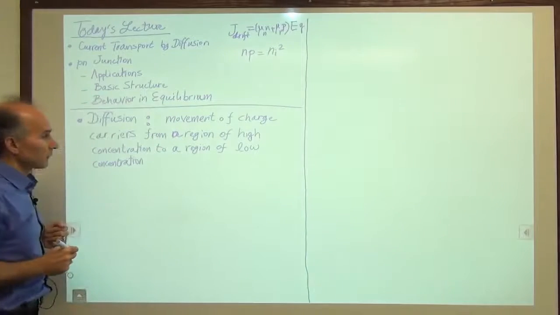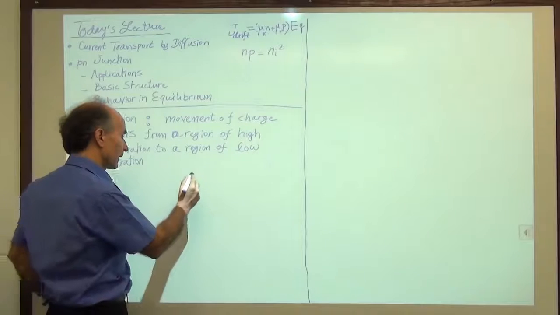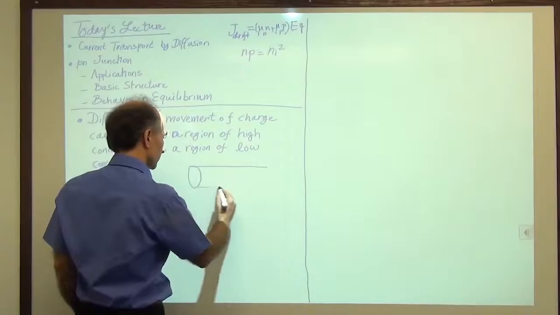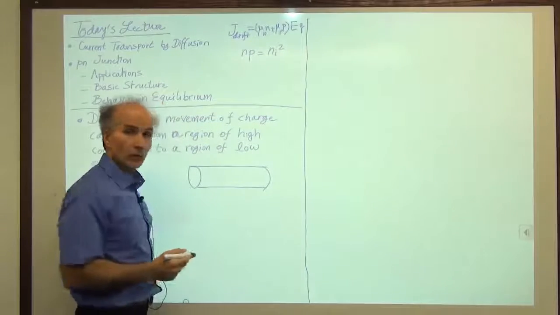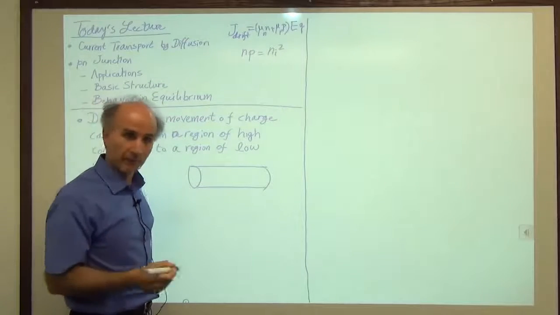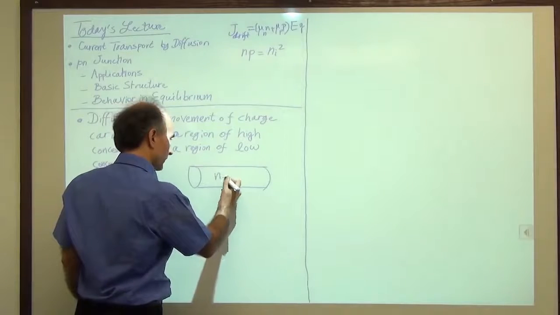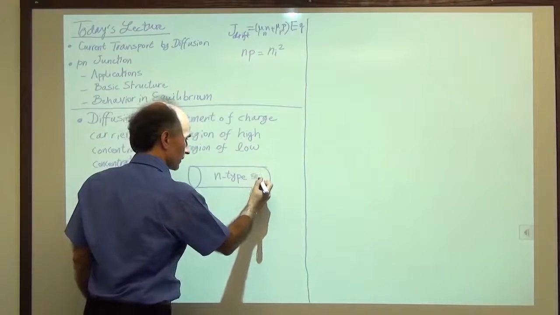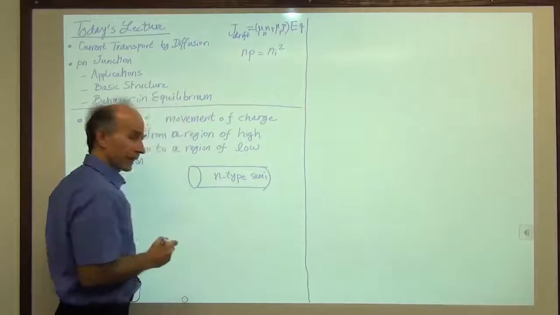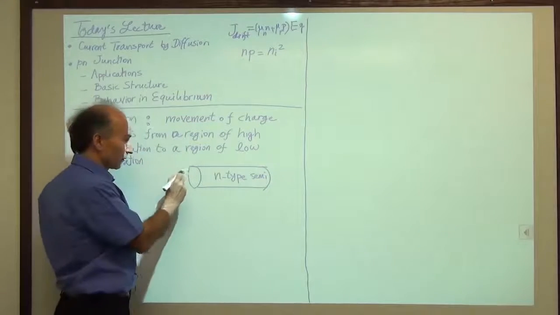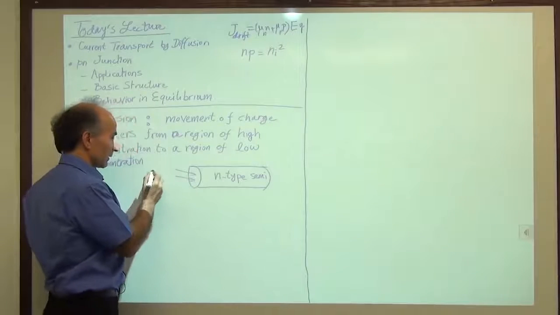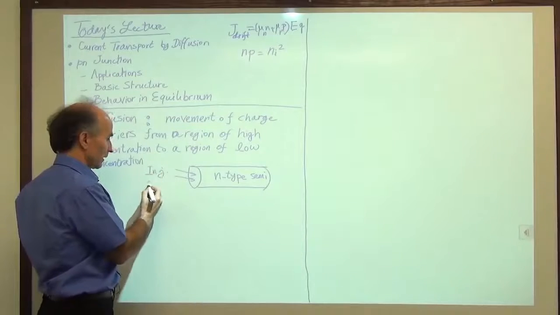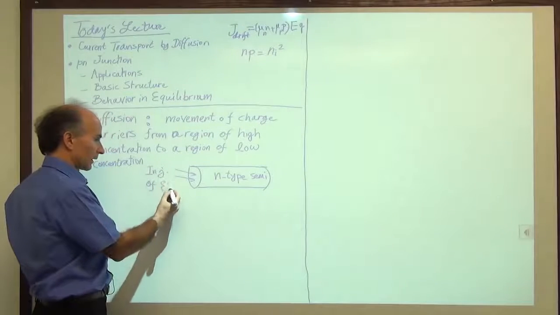So, all right, that means that if I take a piece of semiconductor, let's say N-type or P-type, doesn't matter. So let's say N-type semiconductor, and somehow I inject electrons into here.